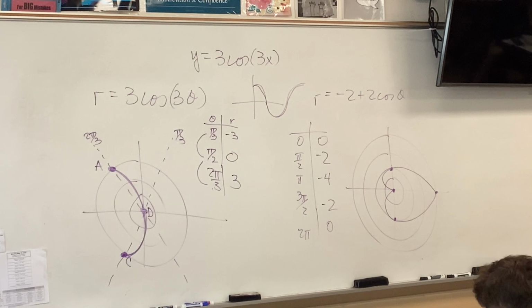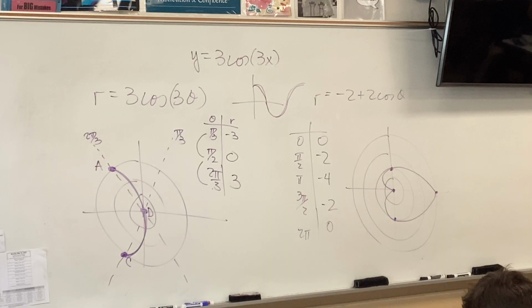So as we're coming down, we're getting closer to the x-axis. Be careful. 7 pi over 6 to 3 pi over 2, the distance is actually increasing. The curve is decreasing, but the distance from the x-axis, or from the pole if you're looking at the polar picture, is actually increasing. 3 pi over 2 to 11 pi over 6 is decreasing.